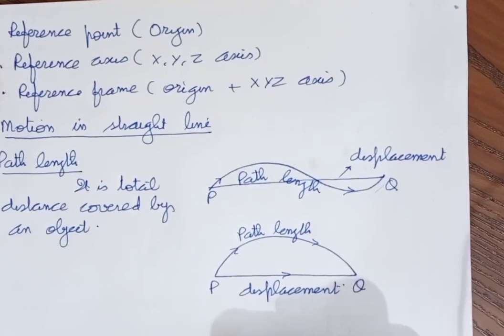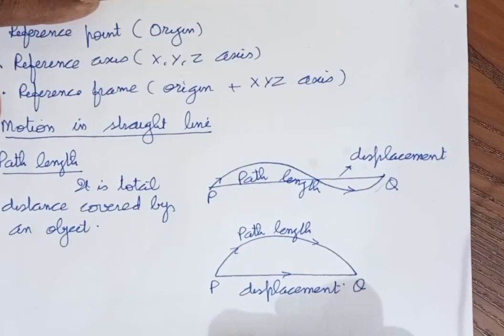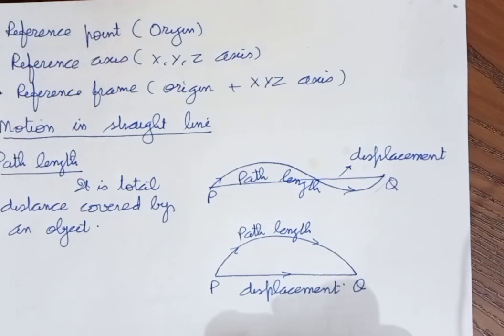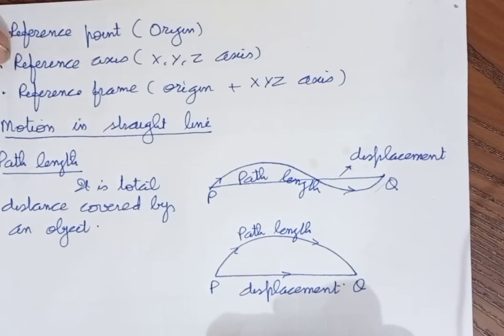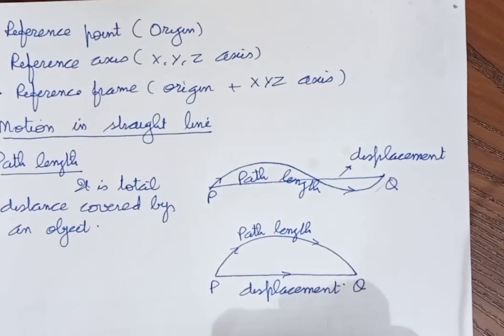It is shown by odometer of car. Like you start your bike or scooty and you go to market or somewhere in a zigzag manner, but whatever you are going, it is noted, the reading continues on odometer. So whatever distance is shown by odometer, that is the total distance covered.